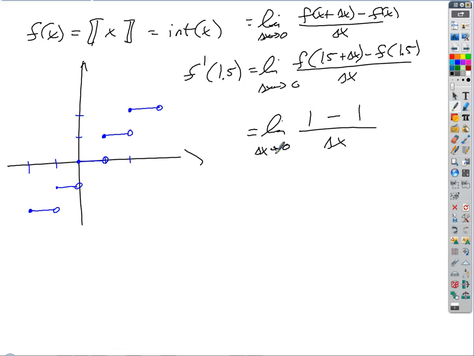Why did you get rid of the delta x up there? Well, because we can evaluate that, right? It's just 1.5 plus a smidge, to be technical. Of 1.50001, the greatest integer function still just gives us back exactly 1. So delta x is never going to be a whole number.